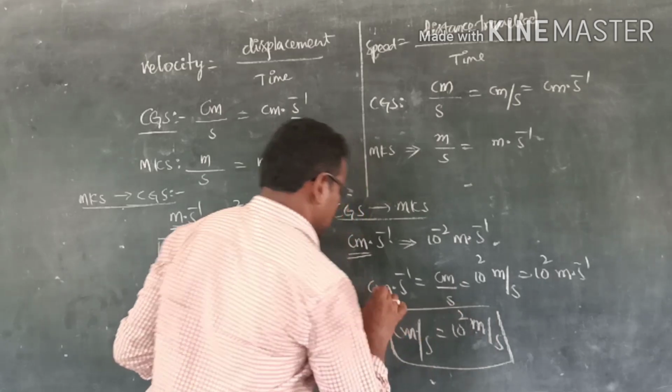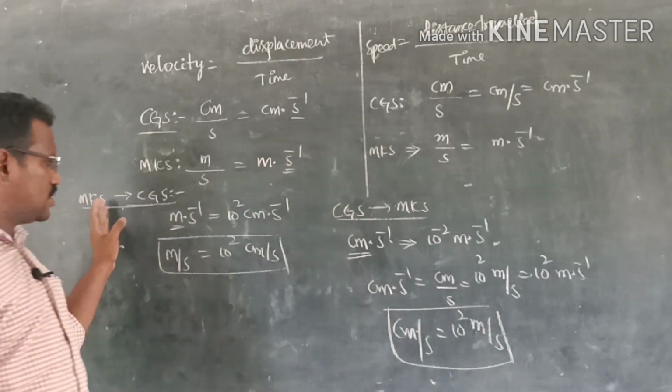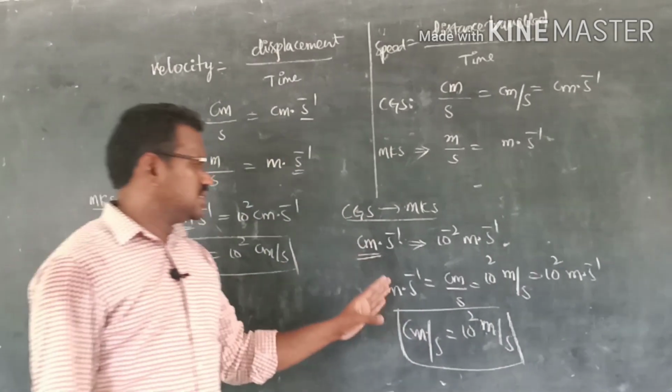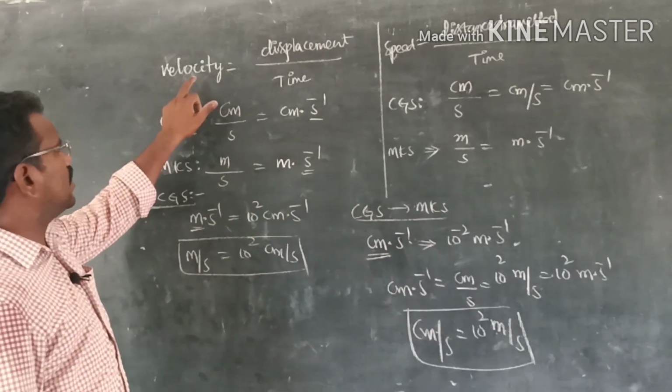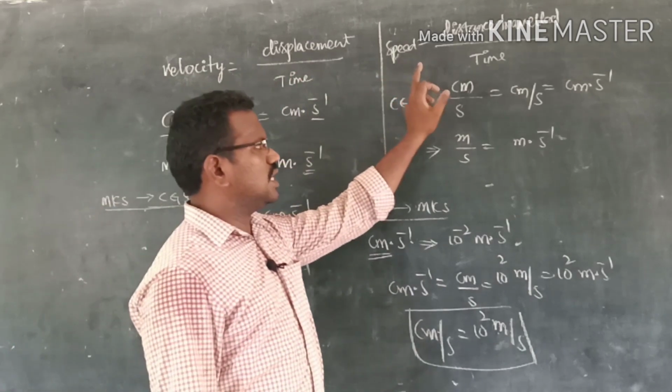This is the relation between the MKS unit and the CGS unit, and between the CGS system and the MKS system, in the concept of velocity and speed.